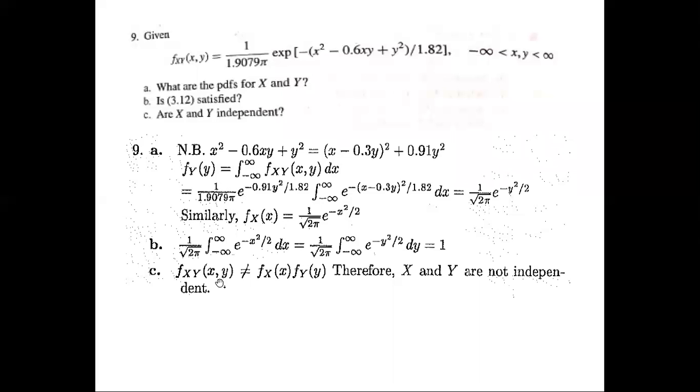If you integrate it once between minus infinity and infinity, it turns out to be 1, because it corresponds straight away to a Gaussian. So this is the two-dimensional Gaussian distribution function.